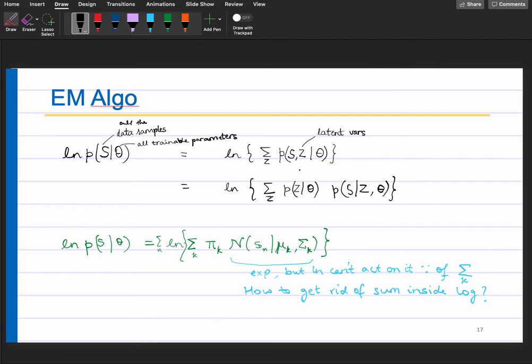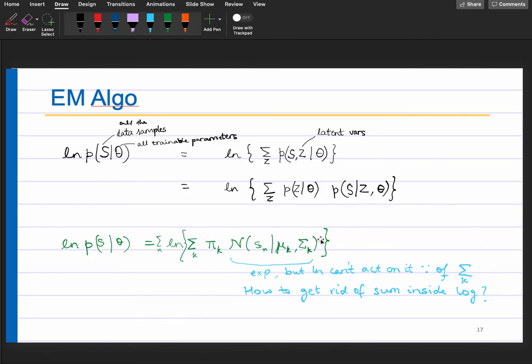That's what we did: probability of the clusters into probability of sample given the cluster. But this thing is not easily solvable. Only in case of GMMs it was solvable, but in general it is not.